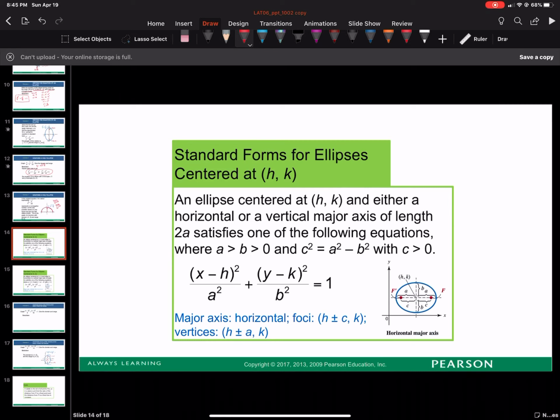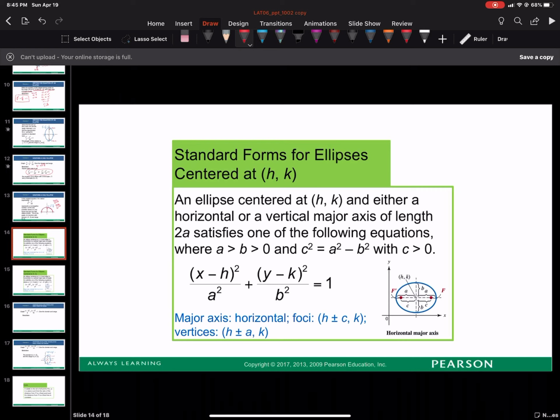So it's very similar to what you just had, but you have some shifts. Now, this is the change. With the horizontal major axis, the foci would be (h plus or minus c, k). Then the vertices would be (h plus or minus a, k).